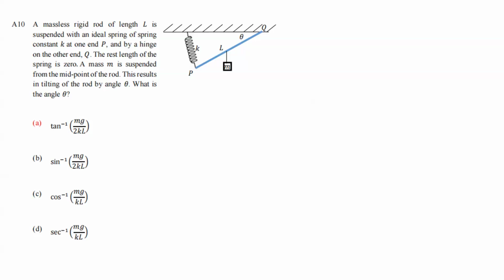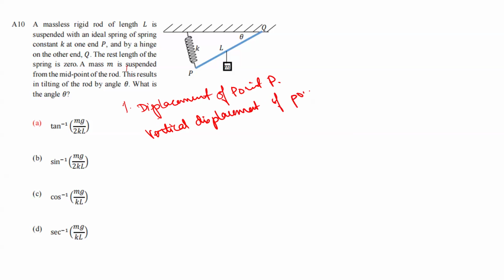First we need to find the displacement of the point P, because the rod rotates about the point Q. The vertical displacement of point P is y_P equal to L sine theta.